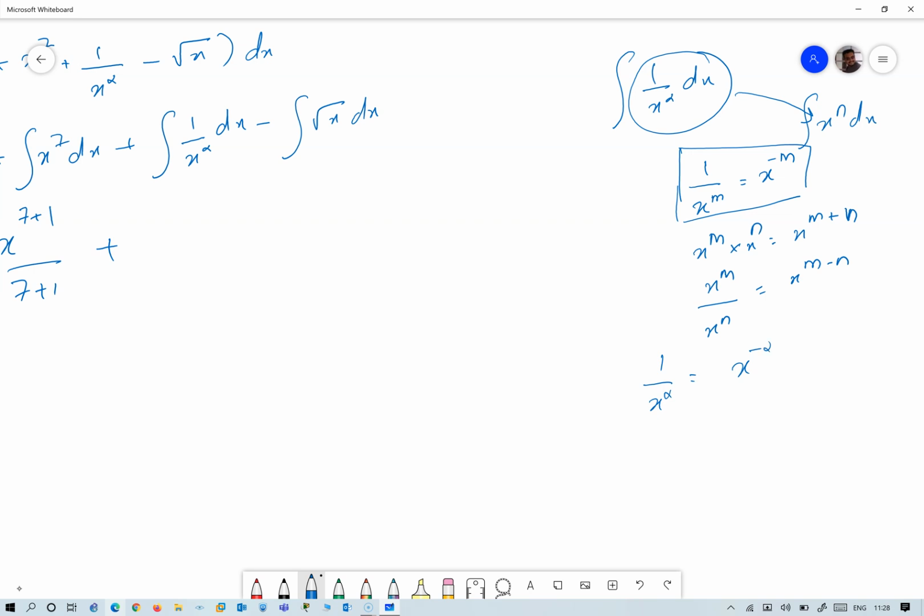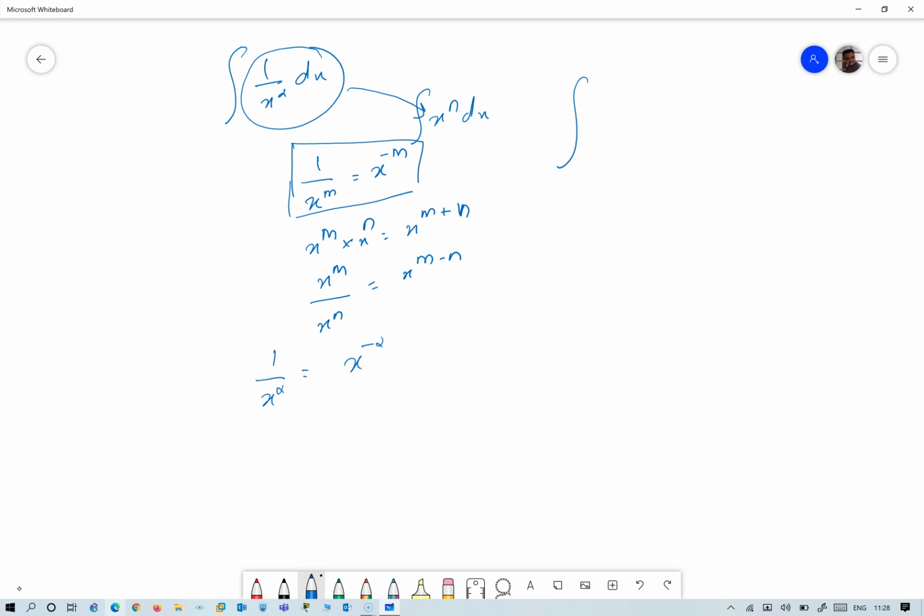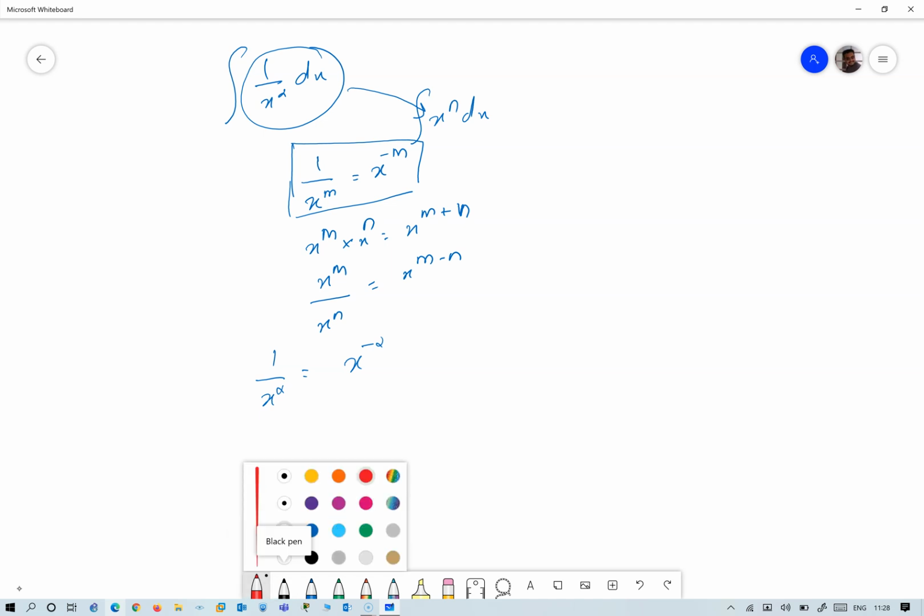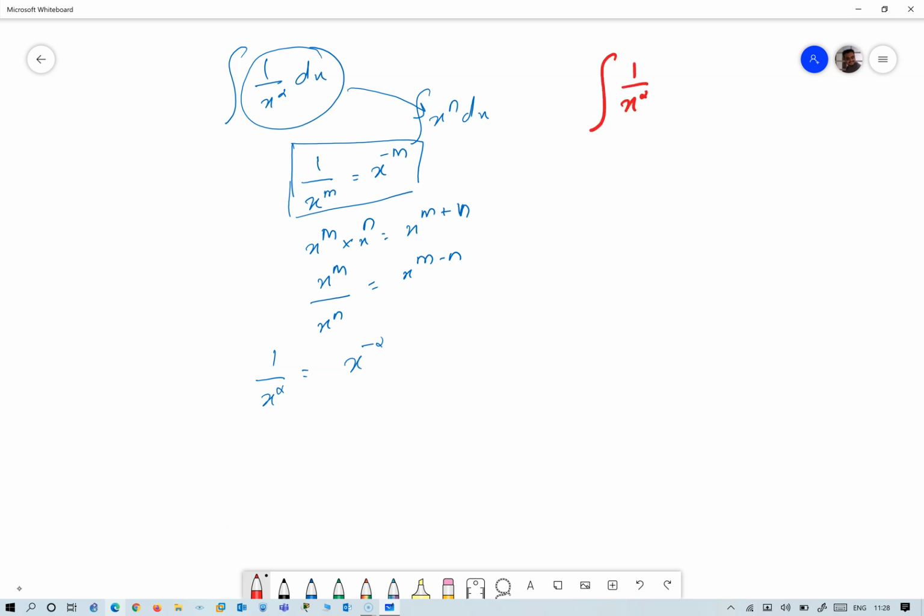So now, integral 1 over x square dx can be written as integral x to the power minus 2 dx. Now our formula says integrating x to the power n is x to the power n plus 1 over n plus 1.